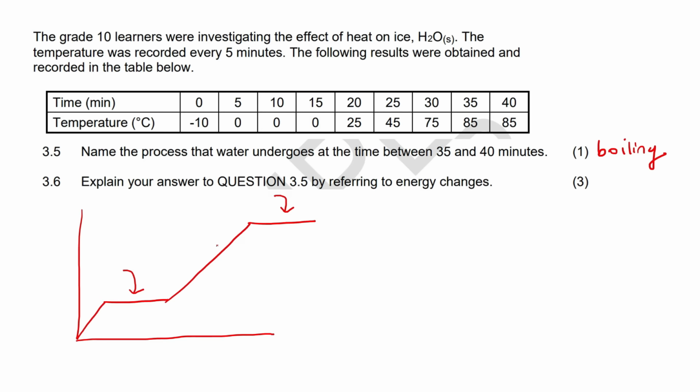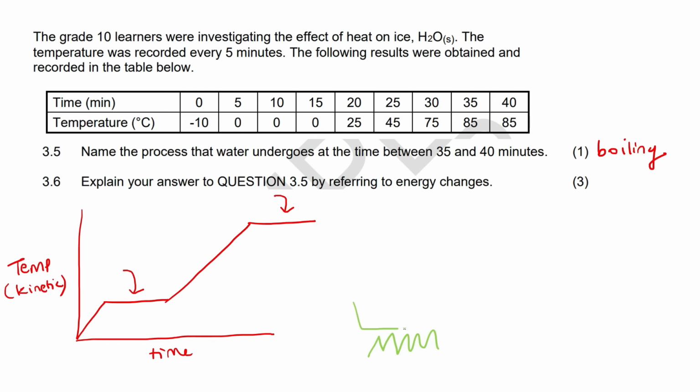So what happens is that this is temperature. And remember, we know what temperature is. It's kinetic energy. It's how fast the molecules are moving. And this is time. So in this section over here, these molecules are all in the liquid phase. And as we are adding, remember, we've got some type of flame, some type of heat.